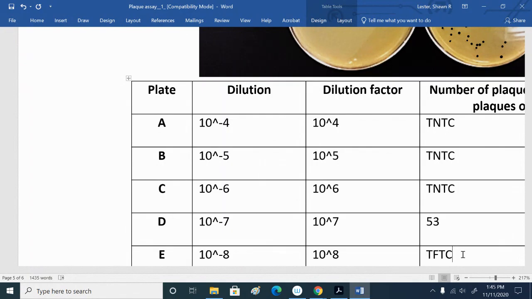But if I ask you, how many plaques would you expect to get on plate E? What would you tell me? How many plaques would you expect to be there, knowing that plate D has 53 plaques? How many would you predict would be on plate E? Maybe five. Right, between 5 or 6.